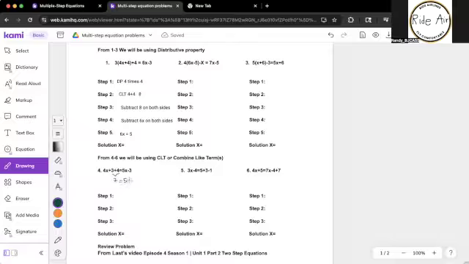Now I am going to first subtract my 7. Since we have a negative number, we add the negative number. So that means it's going to be 9 equals 5x equal to 4x.